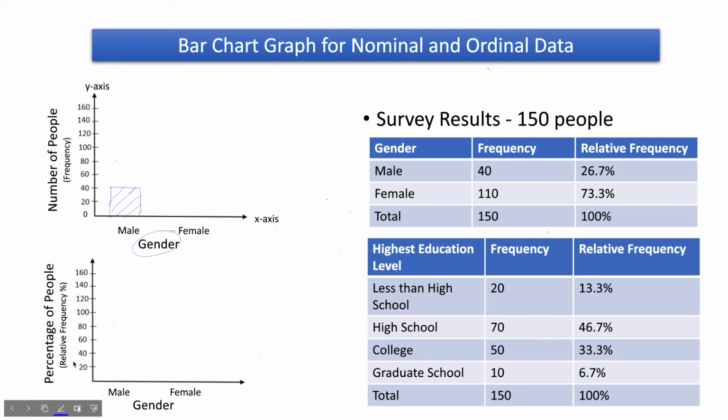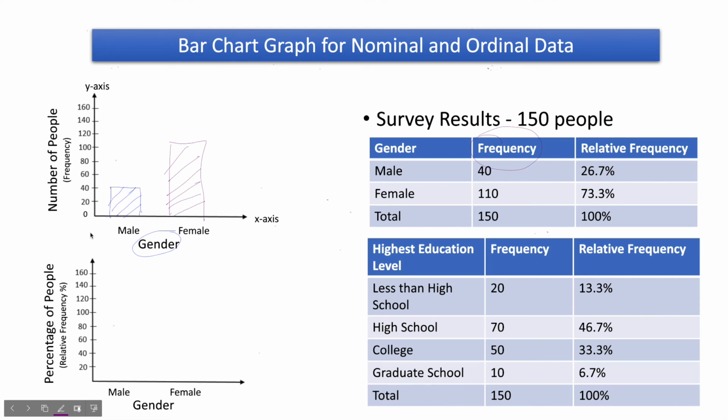And then for females, let's choose a nice purple color. So we have 110 females. So that'll be right around here somewhere in the middle between 100. And then we shade that in. Nice. Not a great figure, but you get the drift. So we plotted the number of people. We plotted our frequency for this bar chart here.